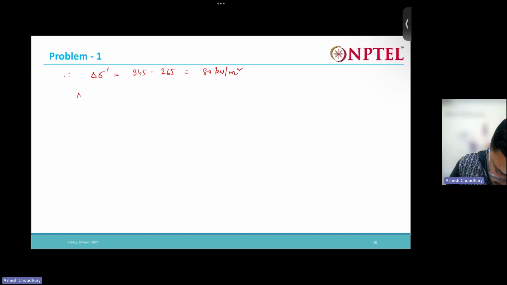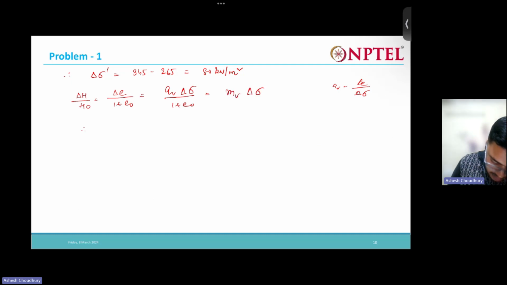Right, so now what is delta H by H naught? So what is av? Delta e by delta sigma. So delta e is generated by av, and av by 1 plus e naught is nothing but mv. So therefore, what is the settlement? H naught into mv into the stress, right?